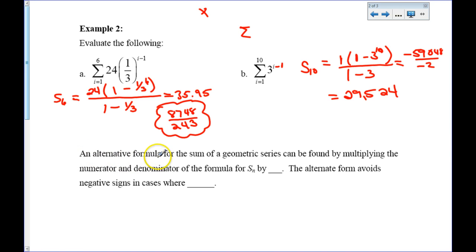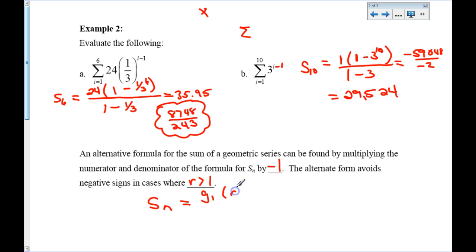An alternative formula for the sum of a geometric series can be found by multiplying the numerator and denominator of the formula for S sub n by negative 1. The alternative form avoids negative signs where r is greater than 1. So you can turn it around and make it look like this instead, just to force it to have a positive answer.